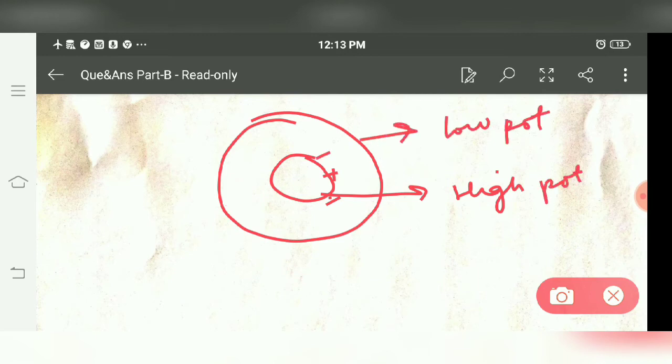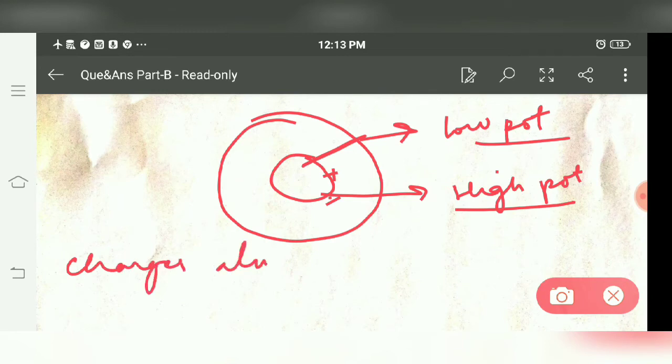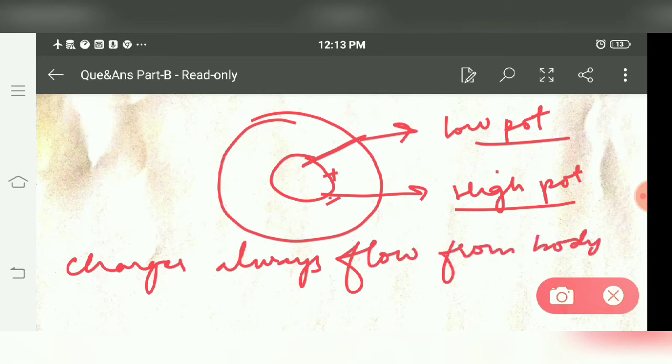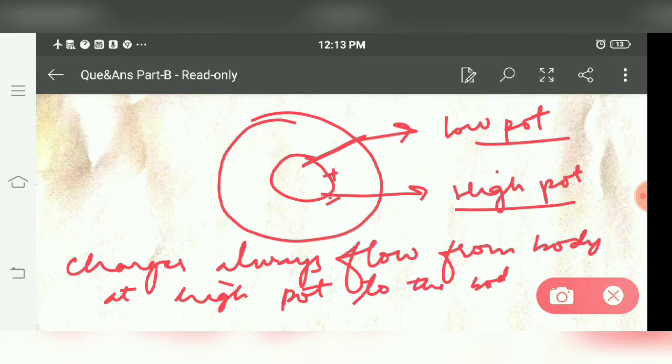If these are connected by a wire or any conducting means, then we know charge always flows from the body at high potential to the body at low potential.